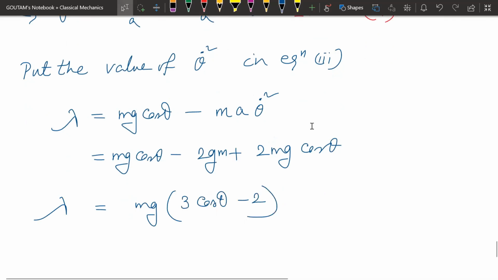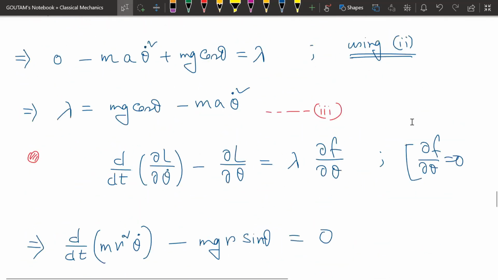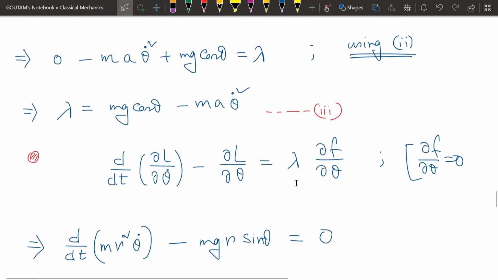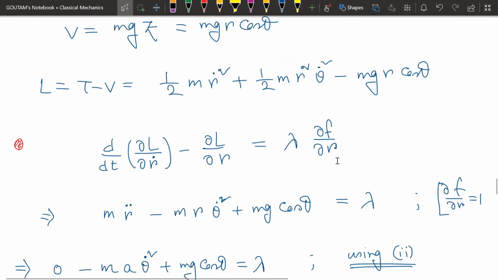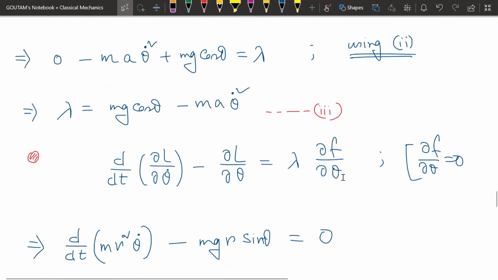So what is lambda? This whole term, lambda times del f del theta, is the magnitude of force of constraint along theta, and lambda times del f del r is the magnitude of force of constraint along the radial direction. We already know that del f del theta is 0.